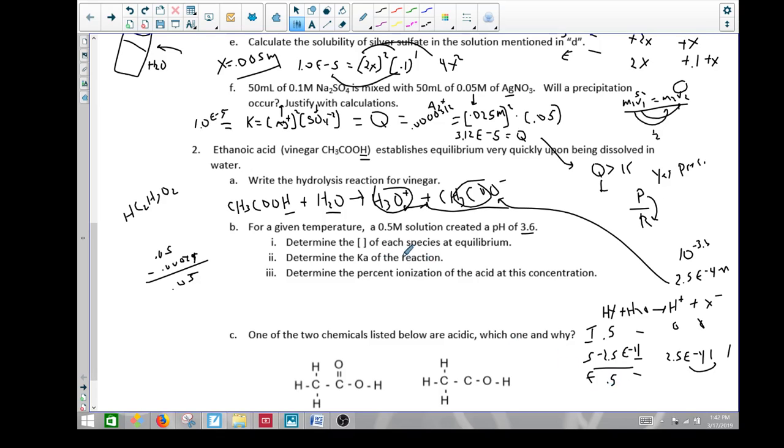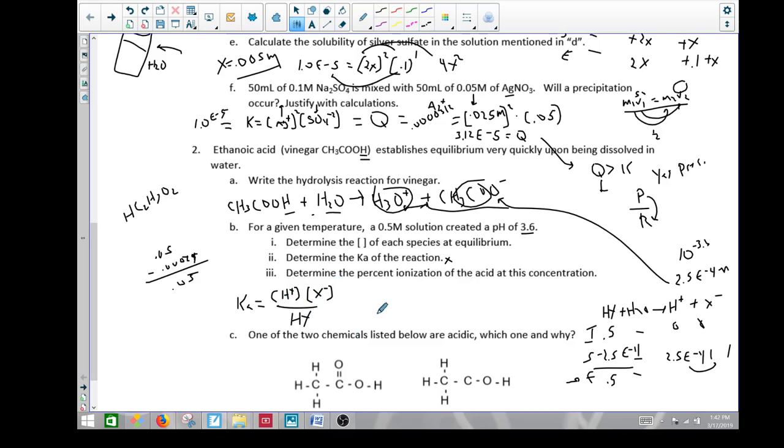All right, determine the Ka. Remember, anytime you want to determine the Ka, you fill the ice table out, and everything at the end just gets plugged into the expression. The expression is right here. So the Ka equals the concentration of H plus ions times the concentration of X negative ions over the concentration of HX.